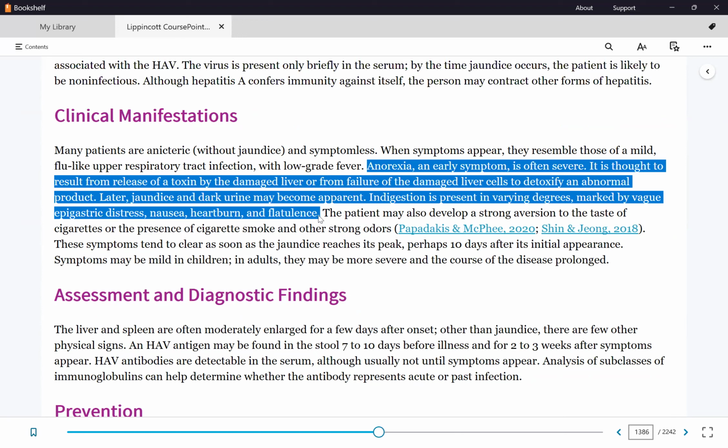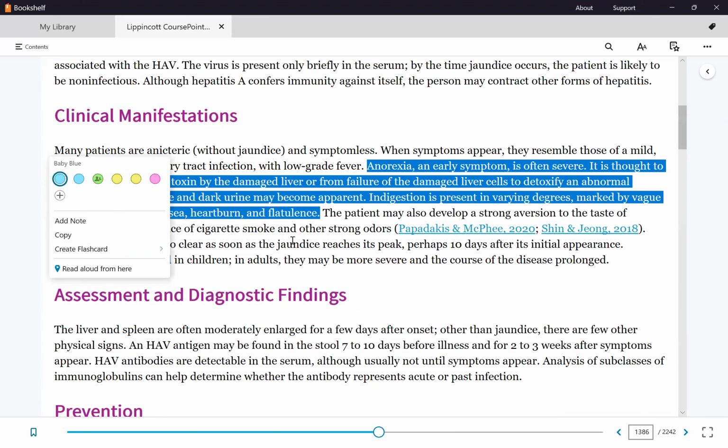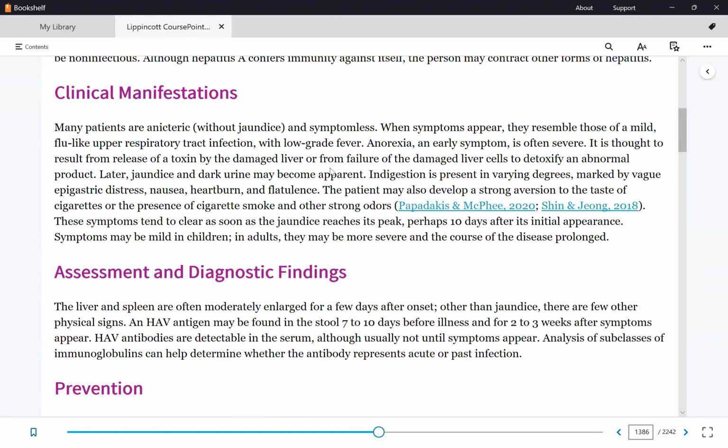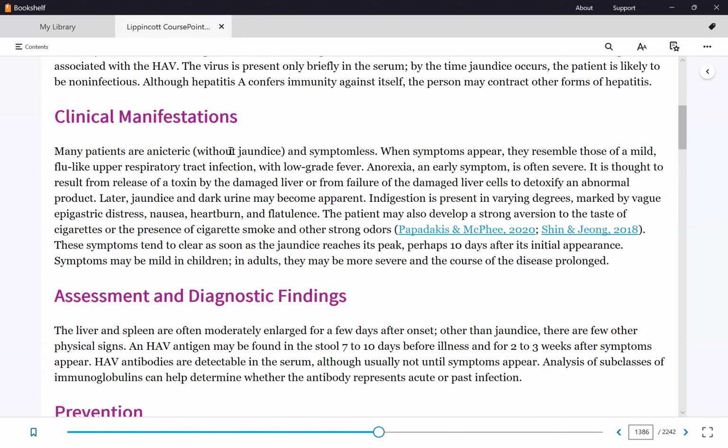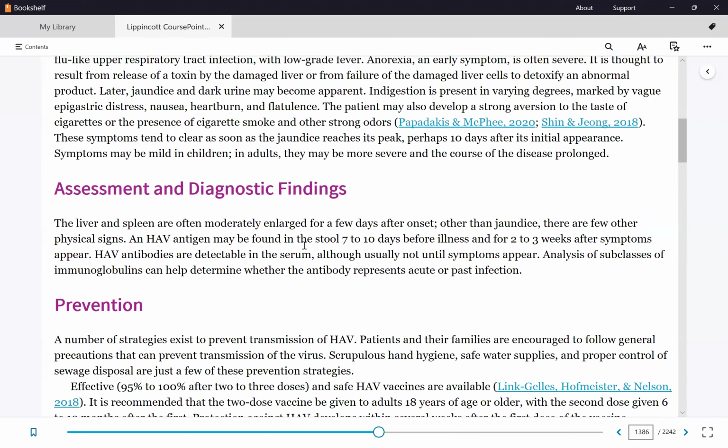Besides the abdominal pain, there will also be nausea, heartburn, flatulence. In severe cases, the patient will turn jaundiced, meaning there is a more serious infection of the liver and it indicates severe inflammation of the liver.